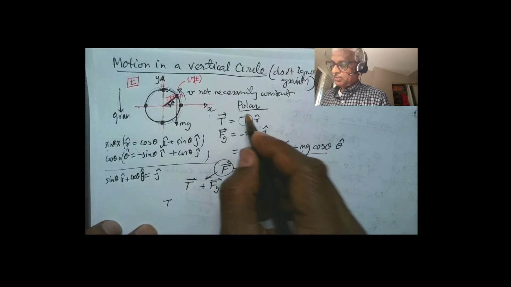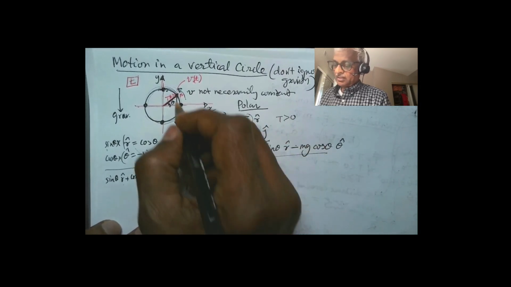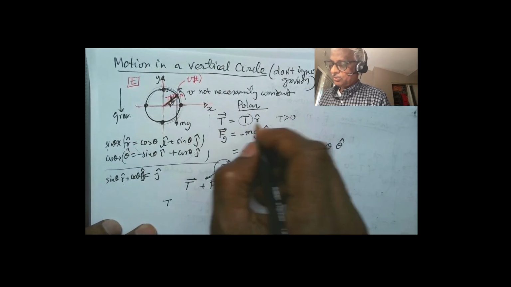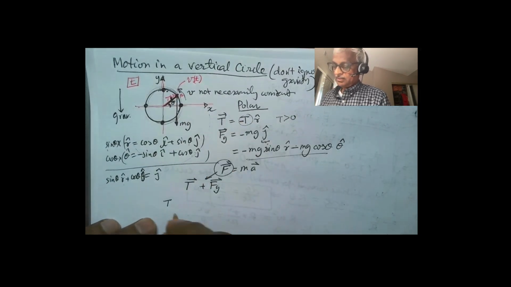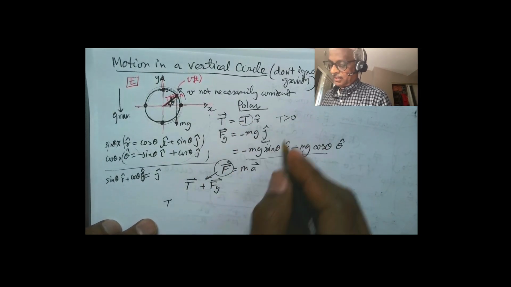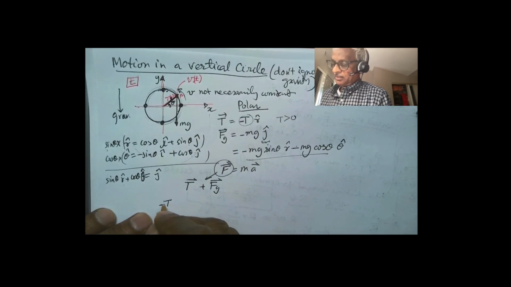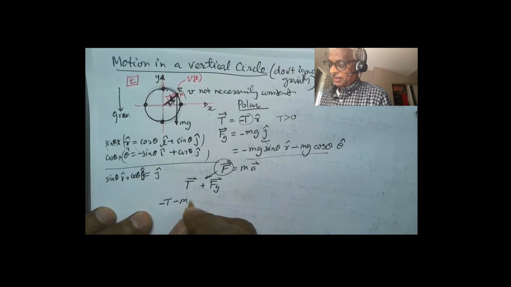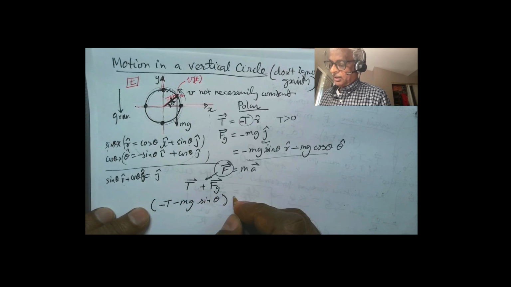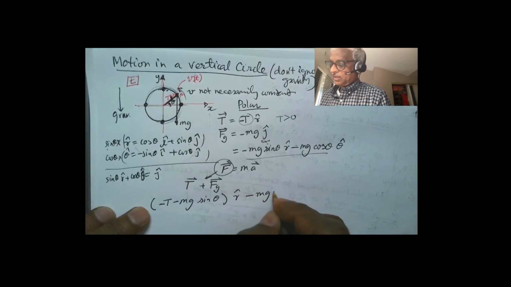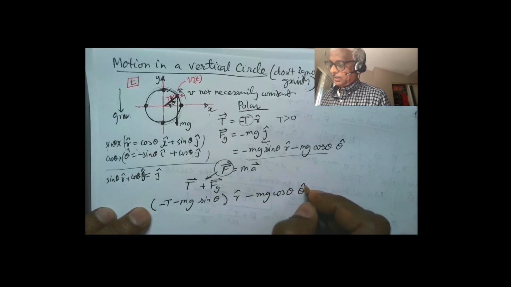If you say, I want T to be positive, then tension is that way, so this will be minus. I can put that like that just to save time later, okay? So this is minus T minus mg sine theta r hat minus mg cosine theta theta hat.